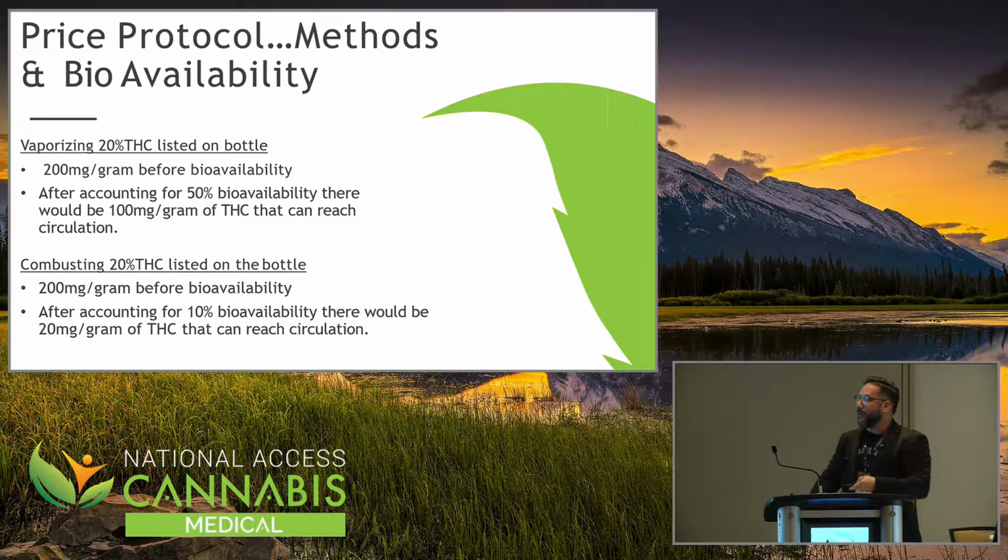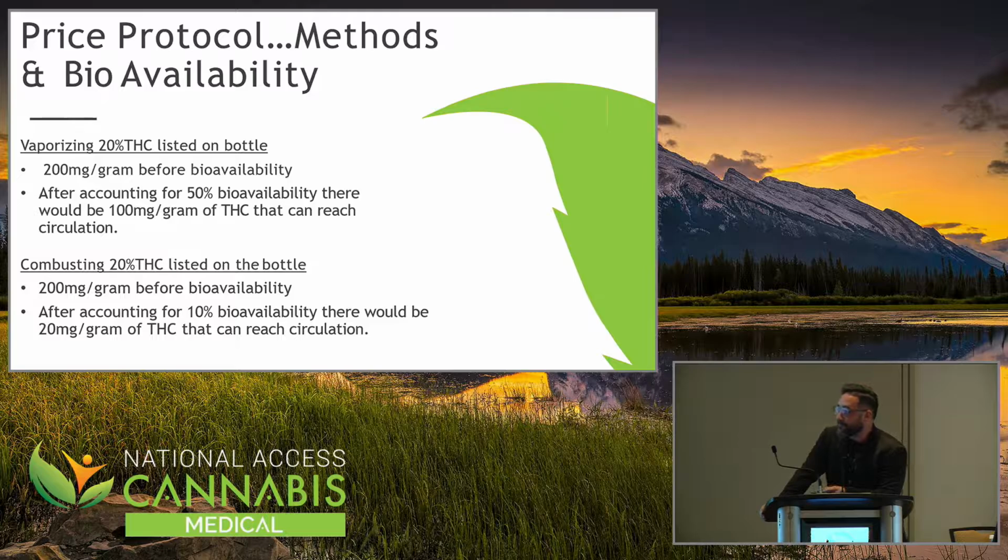But let's say for now we have 20 milligrams of THC, which is equivalent to 200 milligrams per gram, before accounting for bioavailability. If we're talking about vaporization, we're talking about around 50% bioavailability. So before you even start using the strain, you have 100 milligrams of THC that can actively reach circulation or effectively be used.